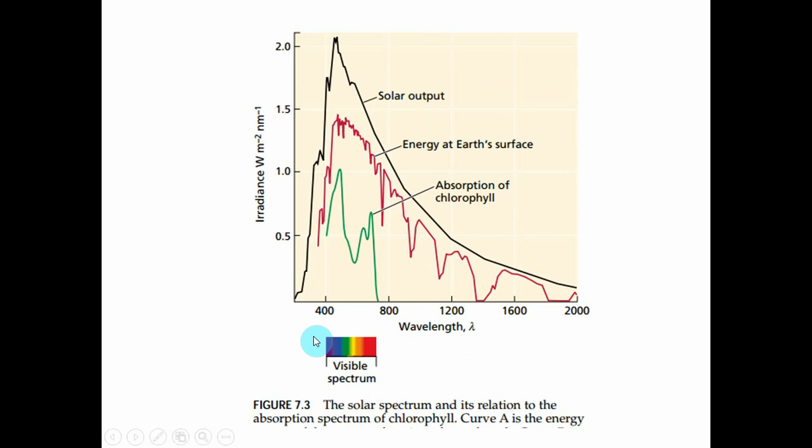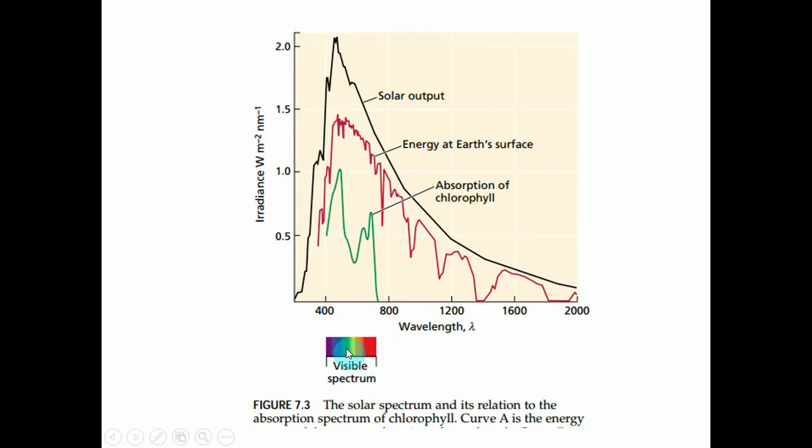So here is the 400 and the 700. Here's that visible spectrum. This is the blue, the purpley blue, and there's this red-orange, and this is where the absorption of chlorophyll is. So don't get confused.